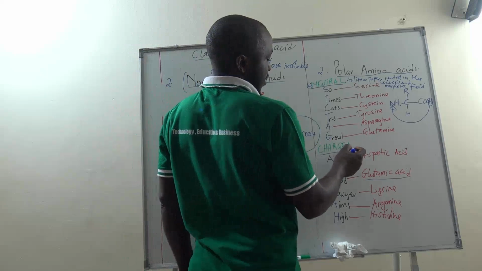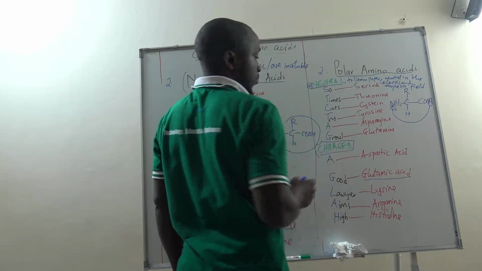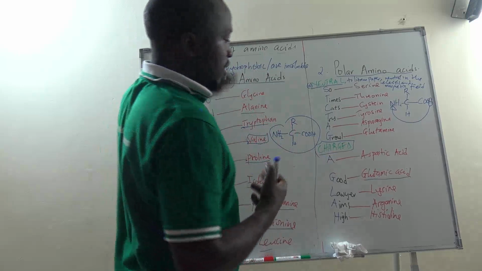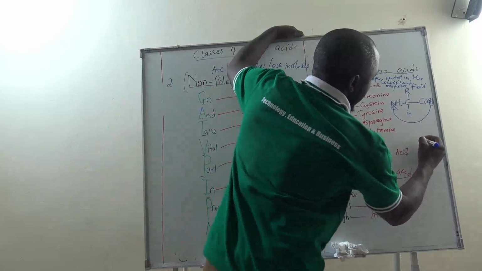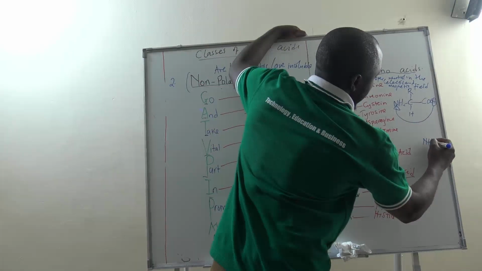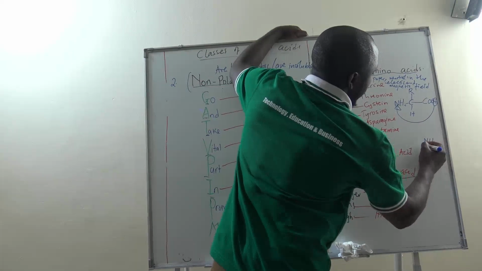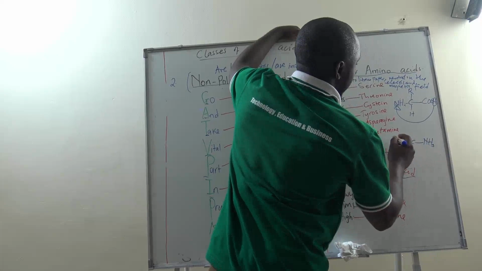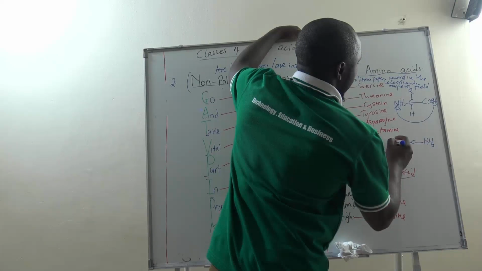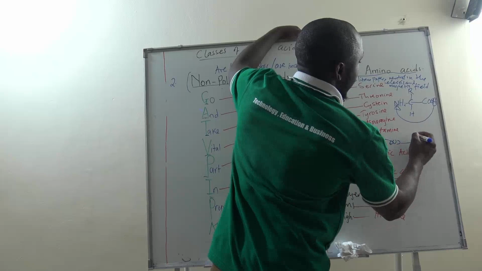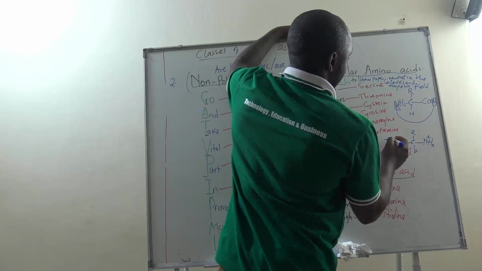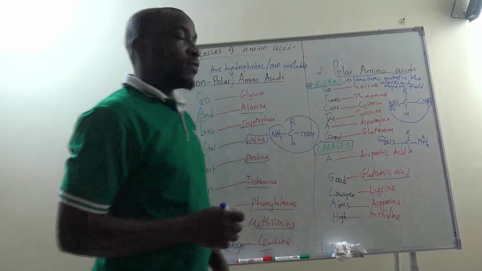Then others are charged. These charged amino acids, it means in their R group, if it is a zwitterion and it is dissolved in water, we said it is having a positive end and a negative end.